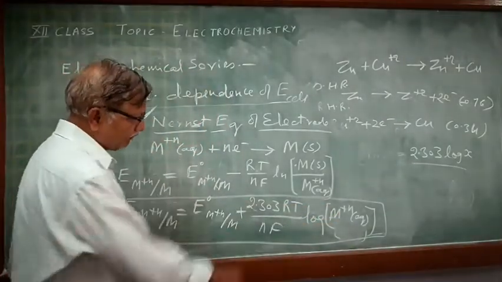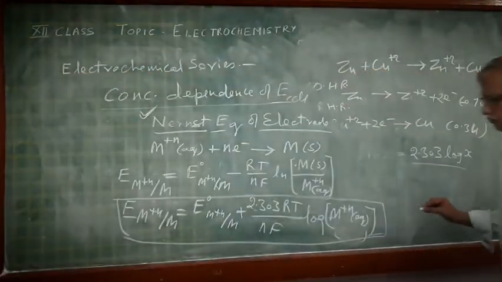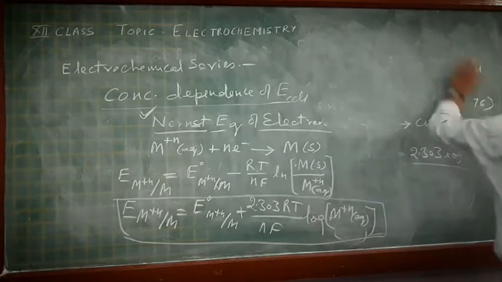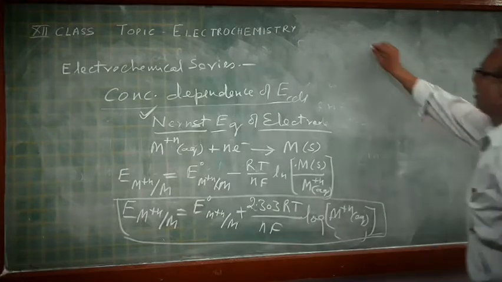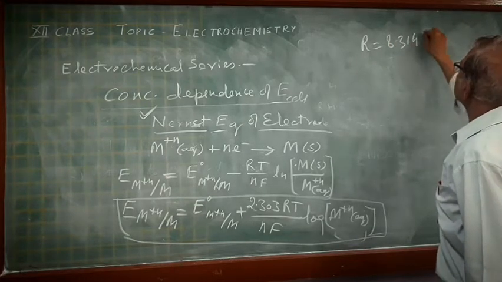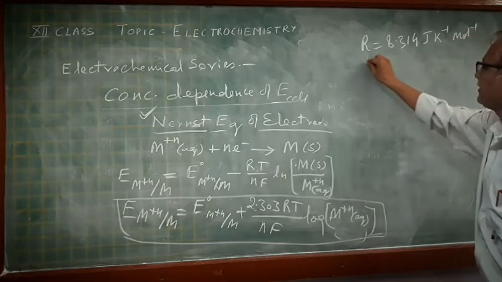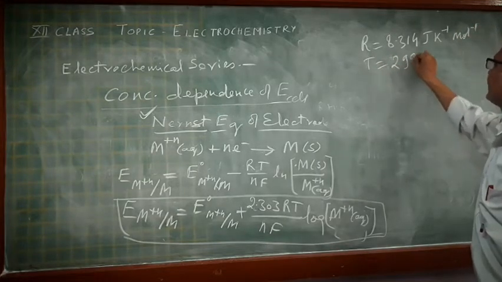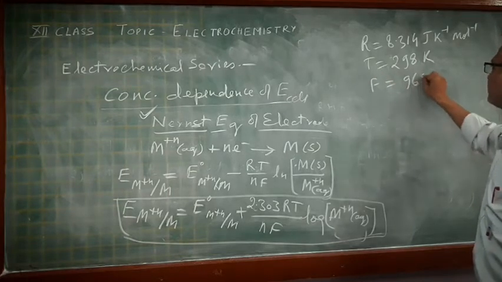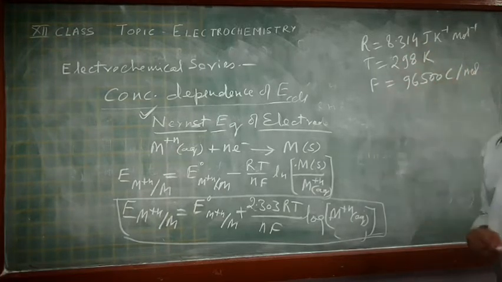Now putting the values of R, T and F: the value of R equals 8.314 joule per Kelvin per mole, T equals 298 Kelvin, and Faraday constant F equals 96500 coulomb per mole. So these are the constant values.